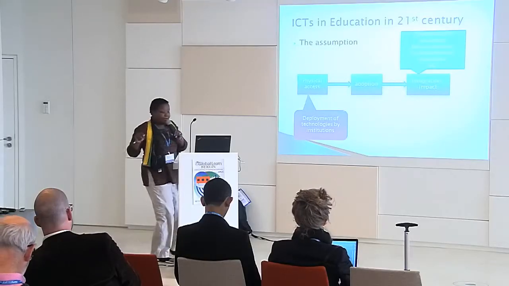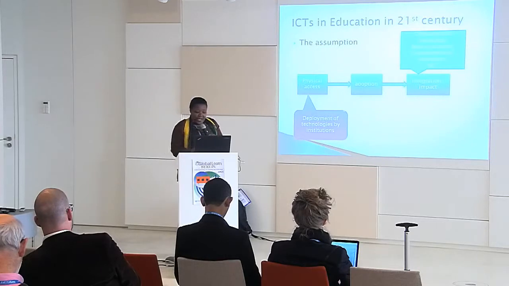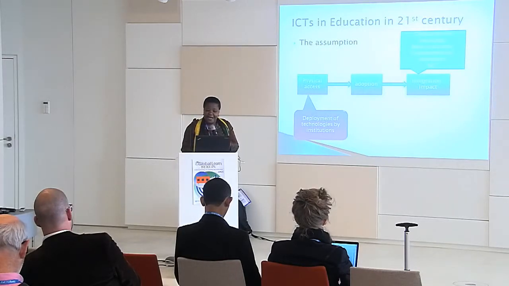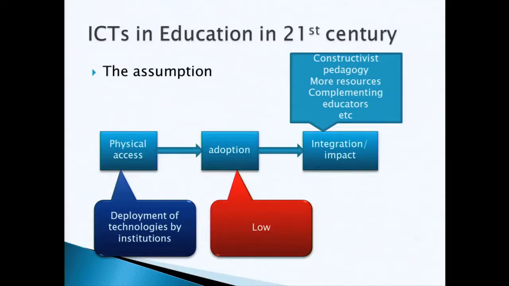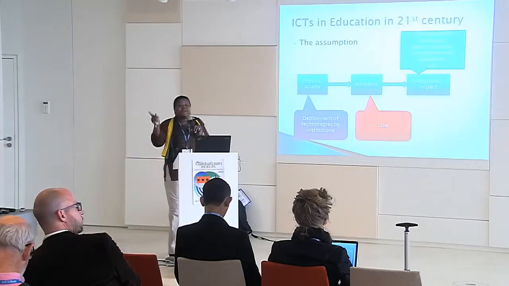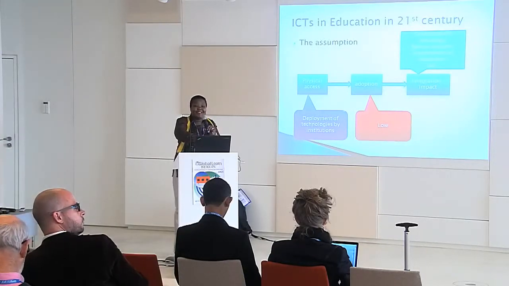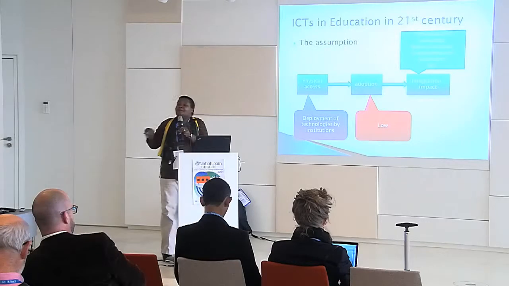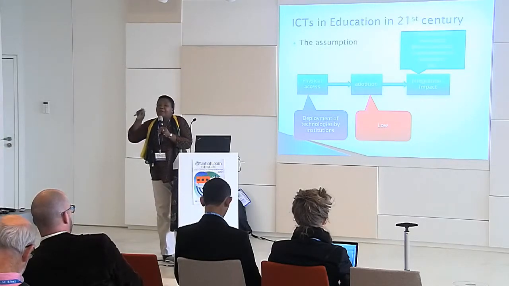So there is a deployment of the technologies and adoption. But the adoption of those technologies for teaching and learning is very low. And even when we come back to the teacher education institutions, there are those technologies, but the adoption of those technologies for teaching and learning is low.